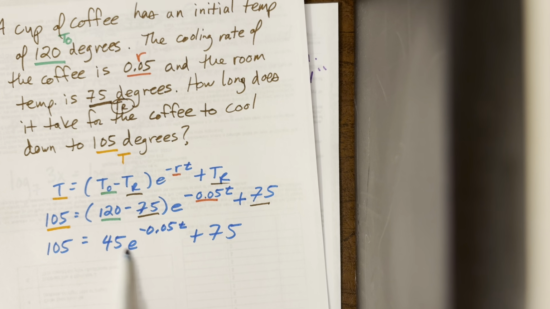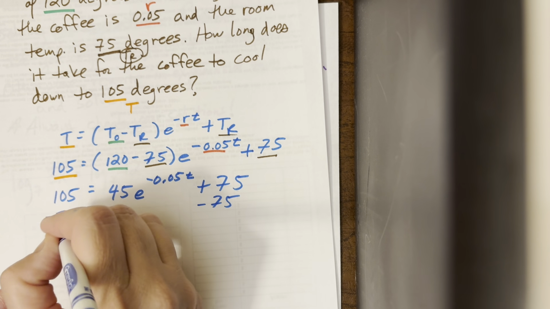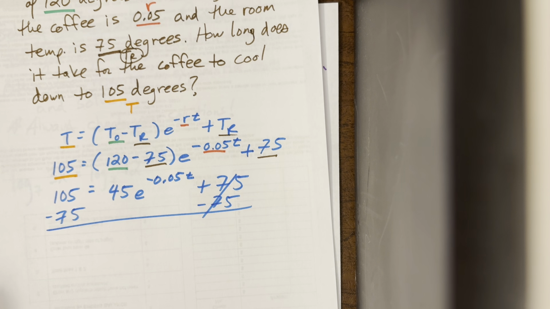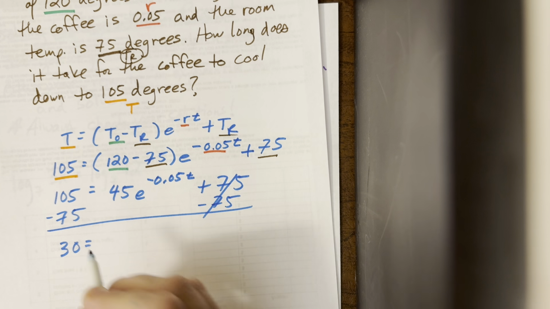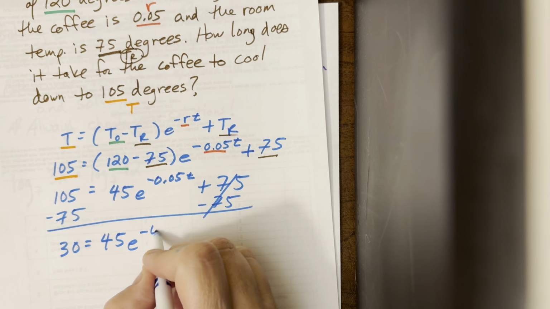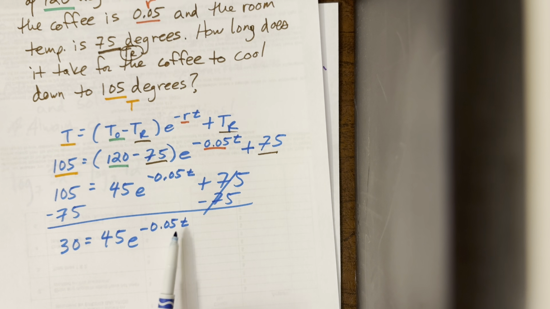I want this term by itself, so I have to subtract 75 on both sides. And yes, I am using a calculator because if I'm gonna post this on the internet, it better be right, darn it. So I've got 30 is 45 times E to the negative 0.05 T. Next, I'm trying to get the variable out of this exponent.